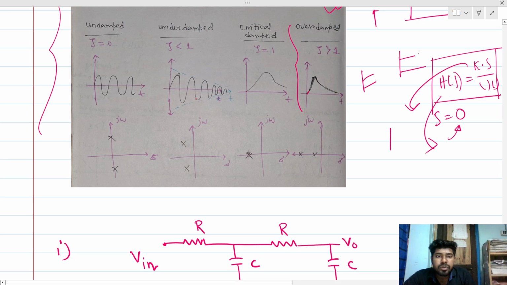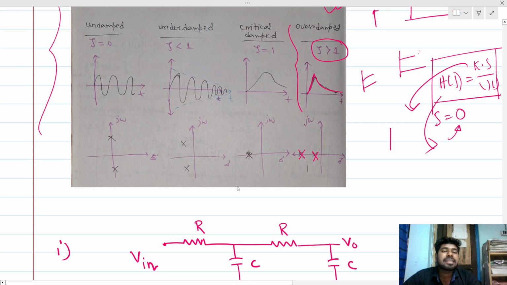And then the curve will look like this: instantly it will charge and then it will decay. This is called an overdamped system, and here zeta is equal to 1, and both of the conditions are the same for the pole locations. Like if there are two unequal real poles, then it will behave like an overdamped system, and zeta equal to 1.